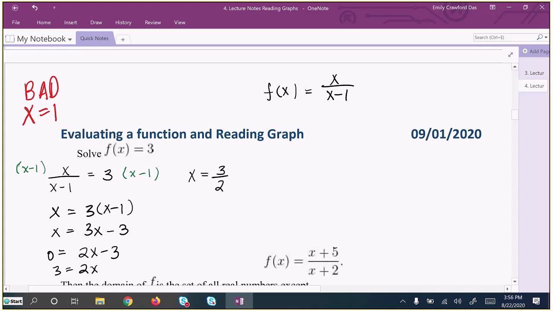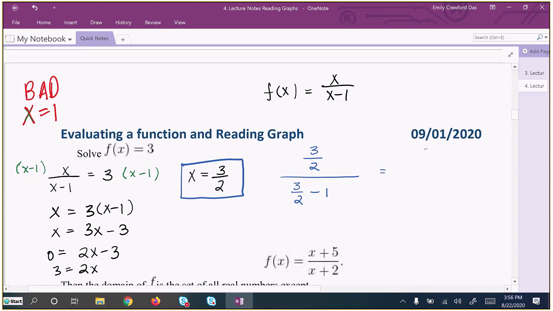So I didn't get x equals 1, so that's a good thing. And I just need to now check my solution in the original equation. So I'm thinking x equals 3 over 2 is my potential solution. Let me plug that in to the original equation f of x. So 3 over 2 divided by 3 over 2 minus 1.